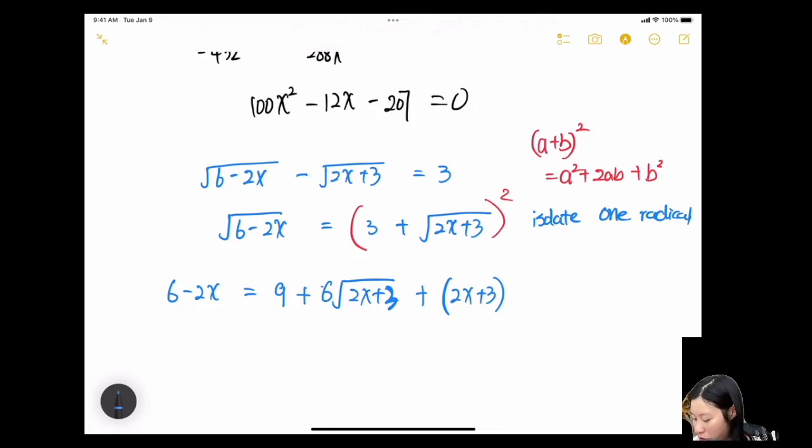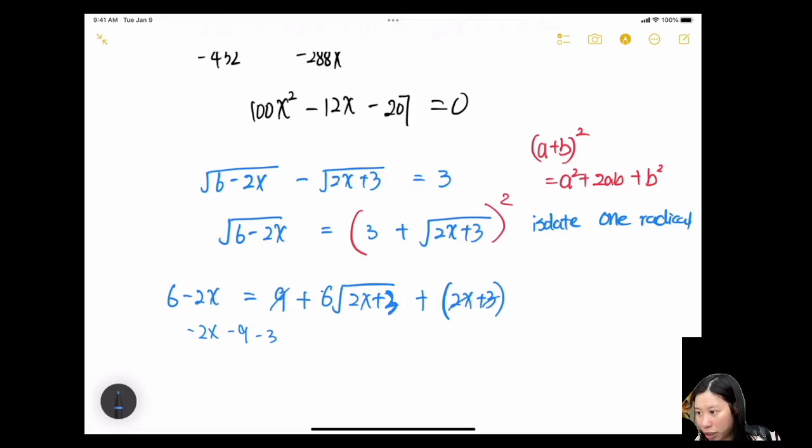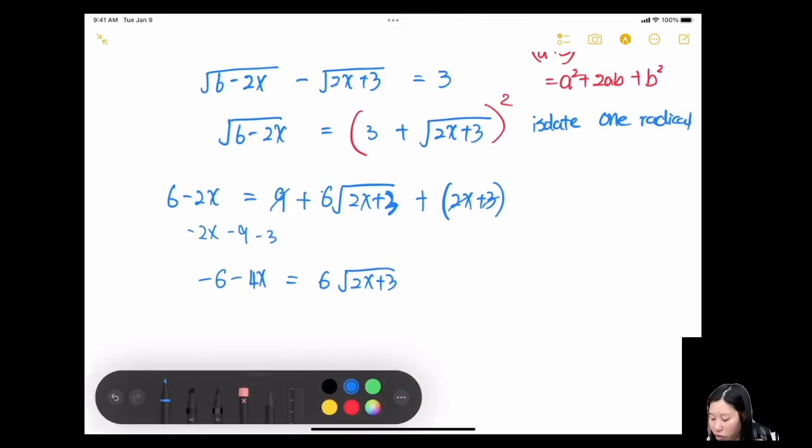So we end up to have what? We minus 2x on both sides, we minus 9, and then we minus 3. So I end up to have negative 6 minus 4x equals to 6 times the square root of 2x plus 3. And then we square them again, both sides.